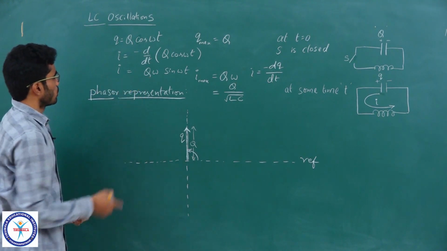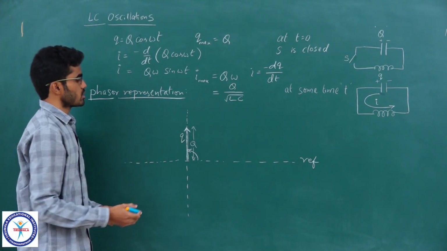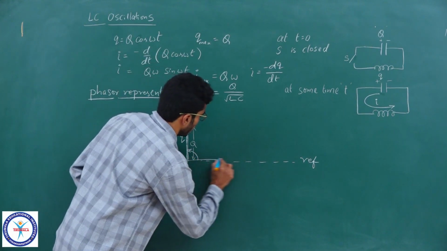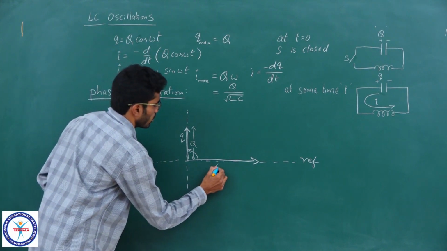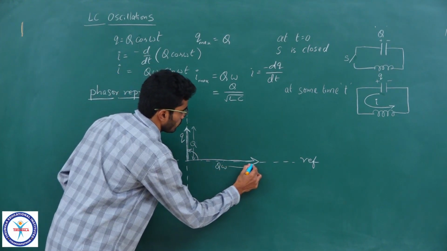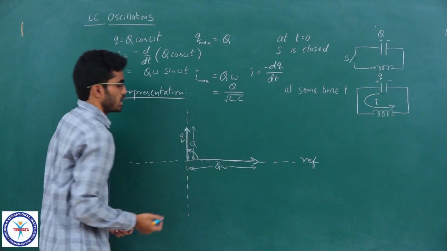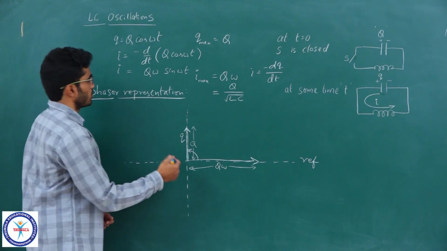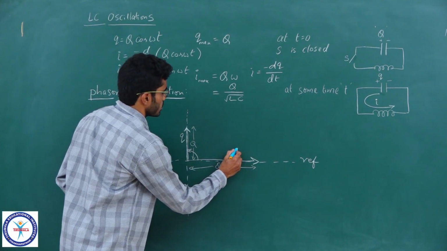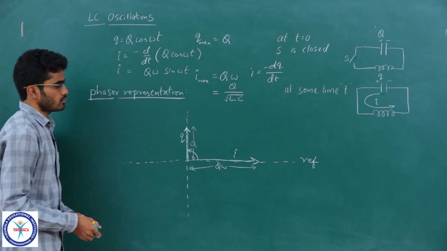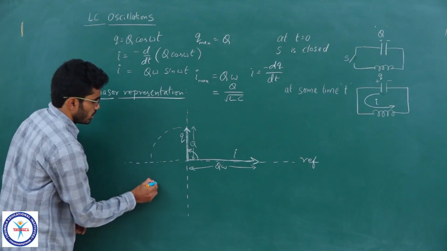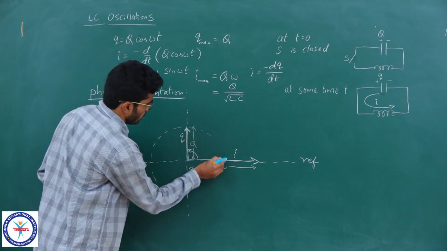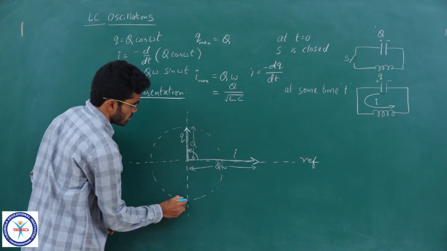Now let us draw the phasor for current. It is a sin omega t function, so you will get it on the x axis, but its amplitude is different because it is Q omega. Its length is Q omega. It is a different phasor, and it is the current phasor. So this will rotate about a circle like this.